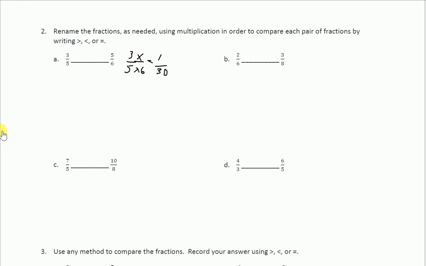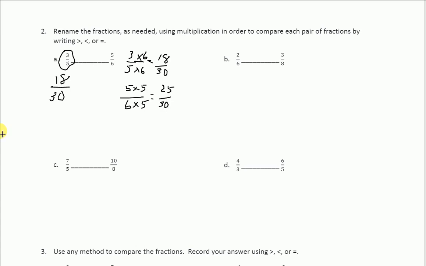Okay. 3 times 6. Because whatever you do to the top, you do to the bottom. 3 times 6. 6 times 3 is 18. 18/30. So this one is 18/30. And then the bottom, we're going to do times 5. 5 times 5 and 6 times 5. 5 times 5 is 25. 6 times 5 is 30.